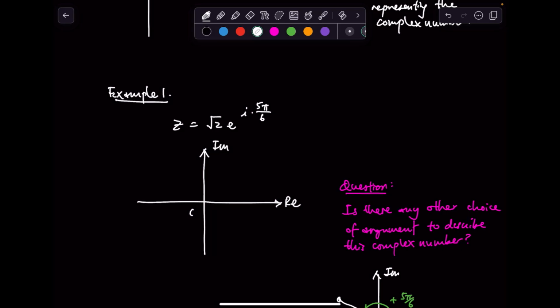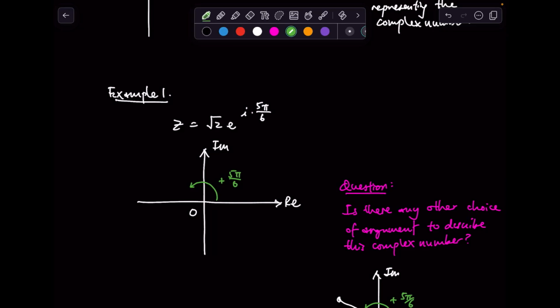So I have an Argand diagram over here, and I have a complex number with modulus of root 2. That's not so important at this point. What is more important is the argument of 5 pi over 6. It's a positive angle, so we are going to measure from the positive real axis in the anti-clockwise direction, and we are going to measure an angle of plus 5 pi over 6.